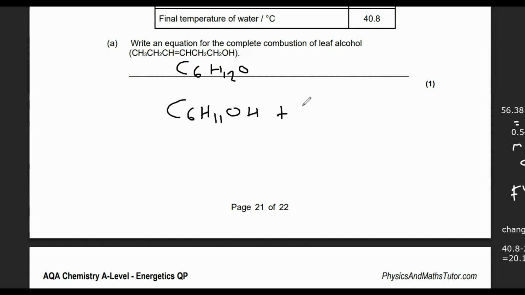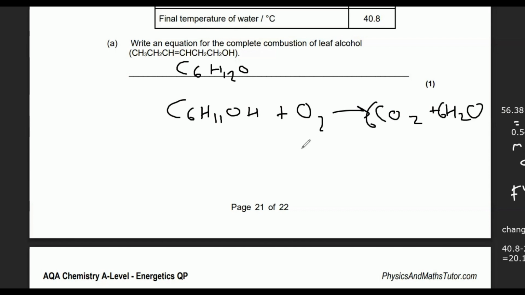Complete combustion, so we want O2, so we just want to go CO2, so we just want to go H2O, so we just want to go C6. I need 6 carbon dioxides. I've got 12 hydrogens there, so I need 6 waters. And then I'm going to need 6 times 2, and I need 6 times 1. 12, 18. They nearly caught me out.